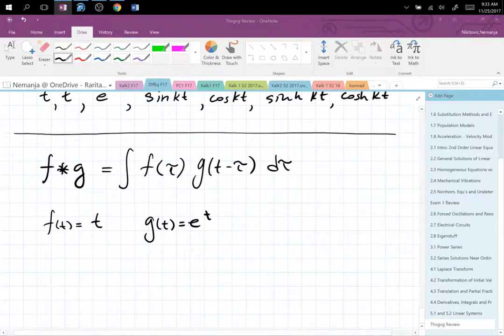Now you're going to plug into the integral and integrate. So the integral of f of tau, which is just tau, and then g is e to the t minus tau, and you have a d tau.